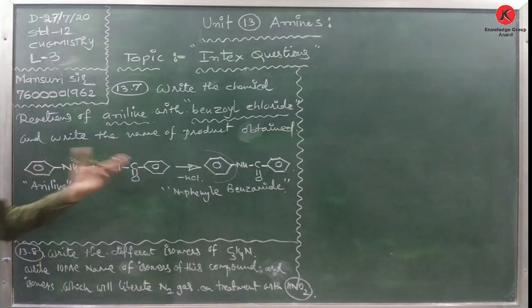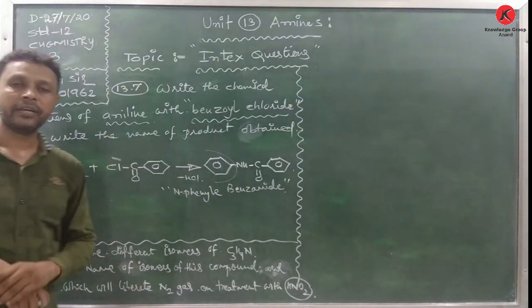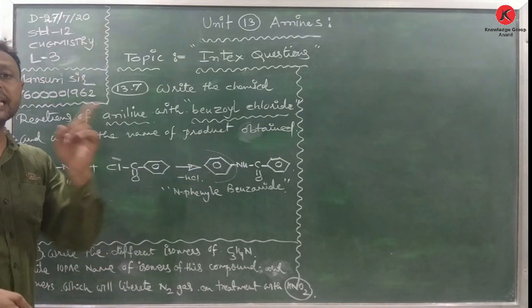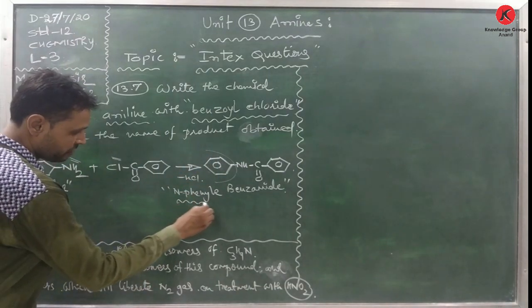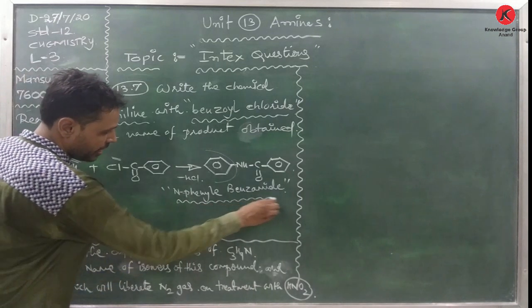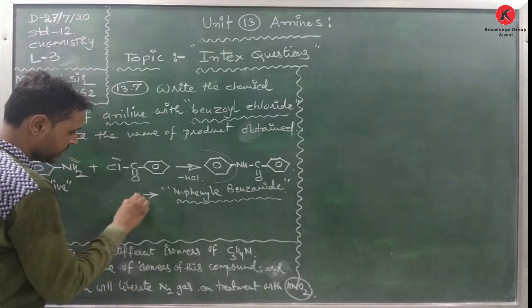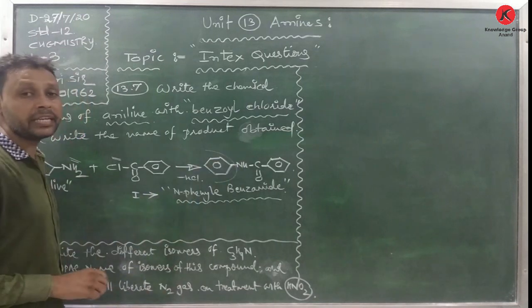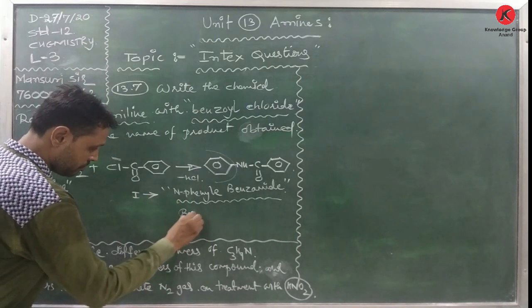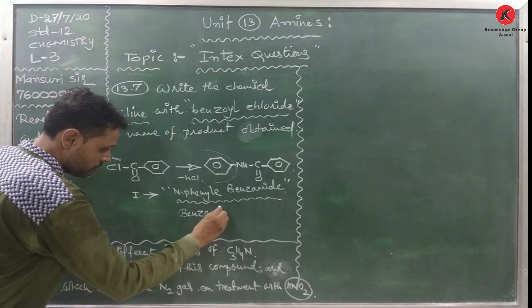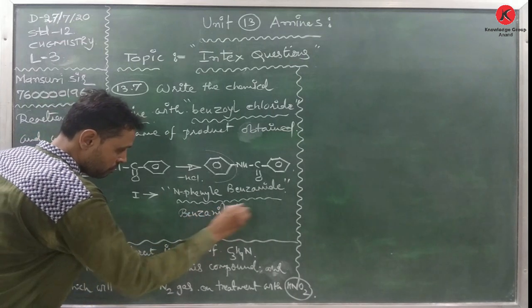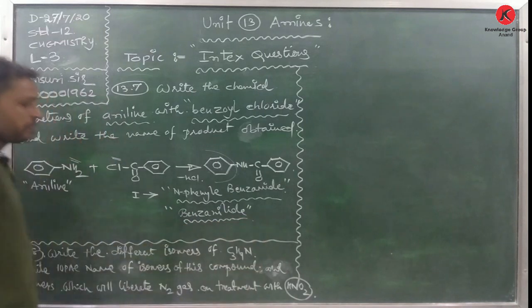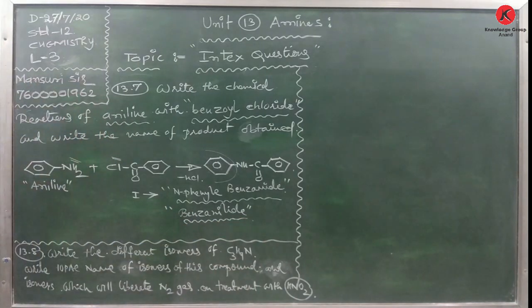Now in common name, this is known as benzanilide. N-phenyl benzamide is your IUPAC name, but the common name will be benzanilide. Okay, so this was your 13.7.